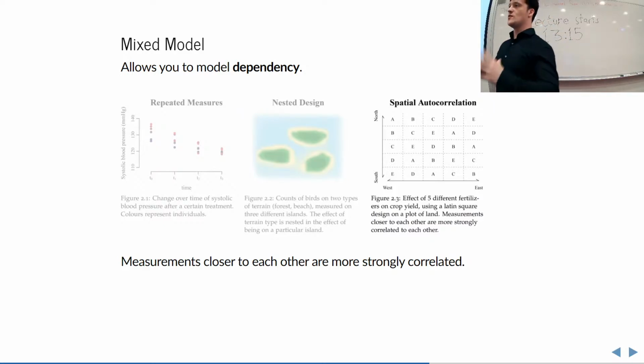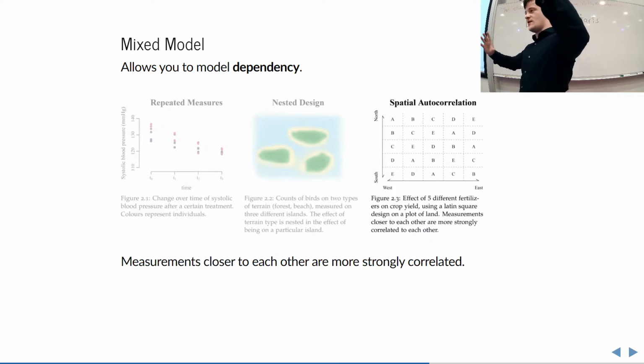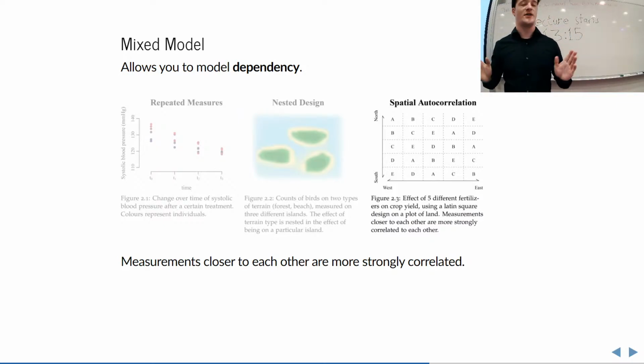You have to tell the mixed model how those measurements are correlated. Are they only correlated to the ones next to each other, or is there an effect where slightly further correlates a little bit, slightly further, a little bit less, and a little bit less? There are many ways to do this. You can make it incredibly complex or incredibly simple, and it's too much for the already very compact 4 weeks that you have. So we don't do that. I just wanted to show you these are the things you can do with a mixed model.